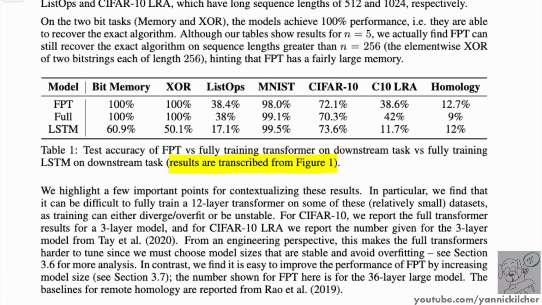This is just what you saw in the bar diagram again. It's pretty interesting that the frozen pre-trained transformers match the performance of the full ones and outperform the LSTMs on these tasks. Pretty cool. So in some tasks, you can see right here in the homology, they even outperform the fully trained transformers.